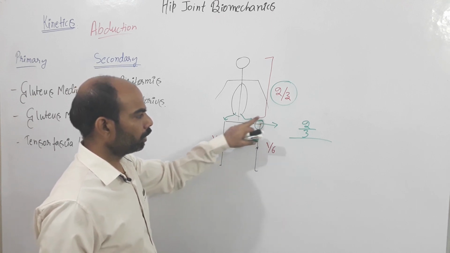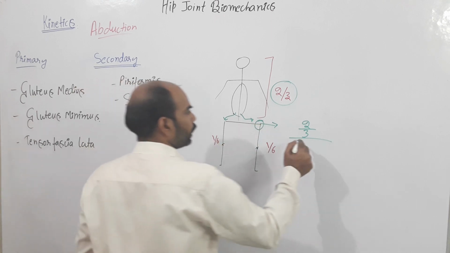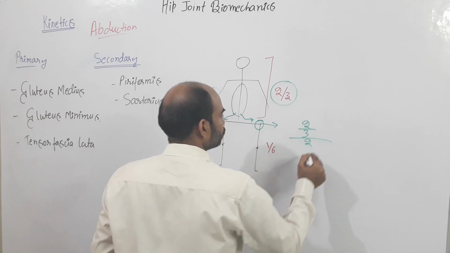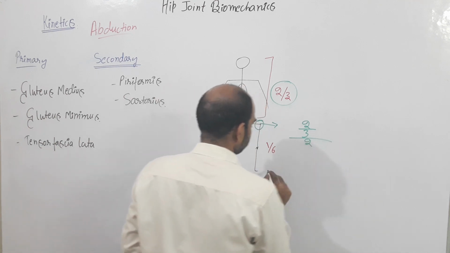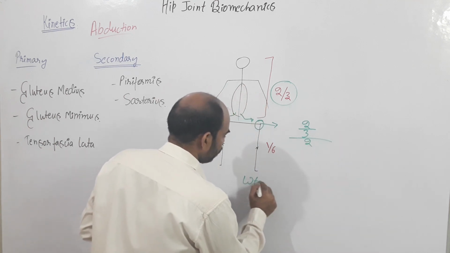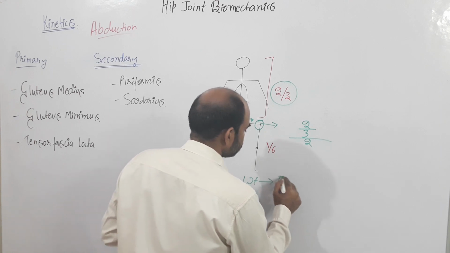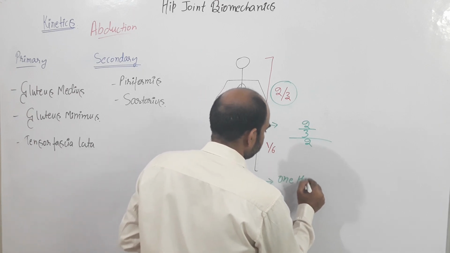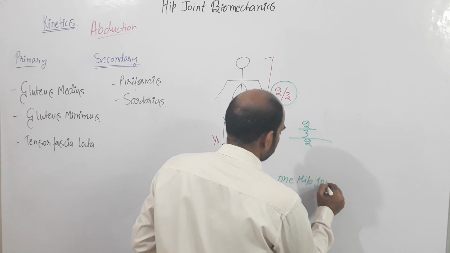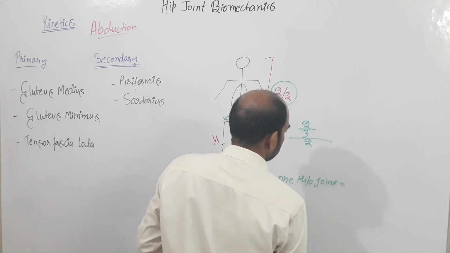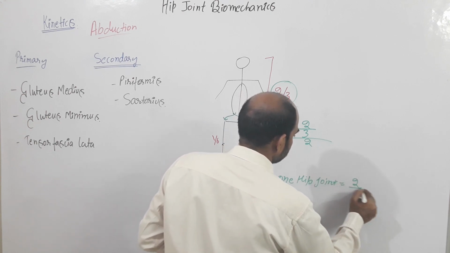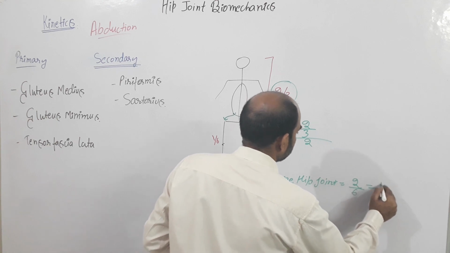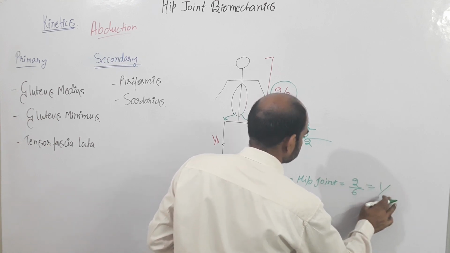So the weight on one hip joint is 2/3 divided by 2, which is 2/6 or 1/3.